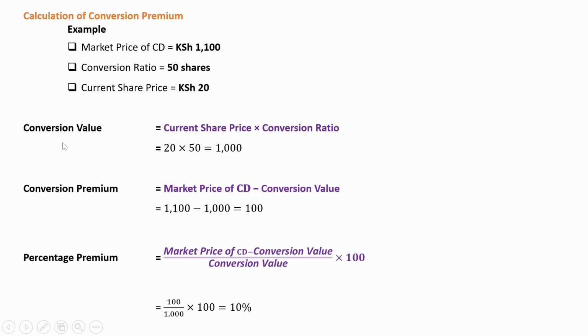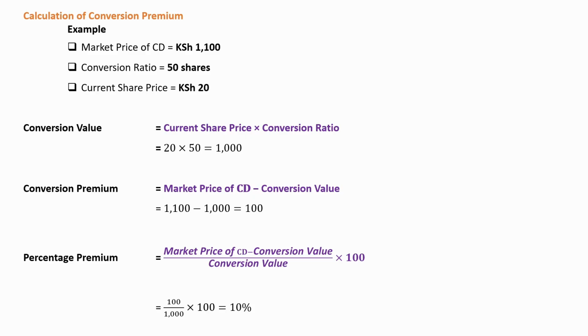So you just need to recall the formula. So the formula for conversion value, we have said, is given by the current share price multiplied by conversion ratio. In other words, conversion value is showing us the value of shares if the debentures were to be converted at the current time.